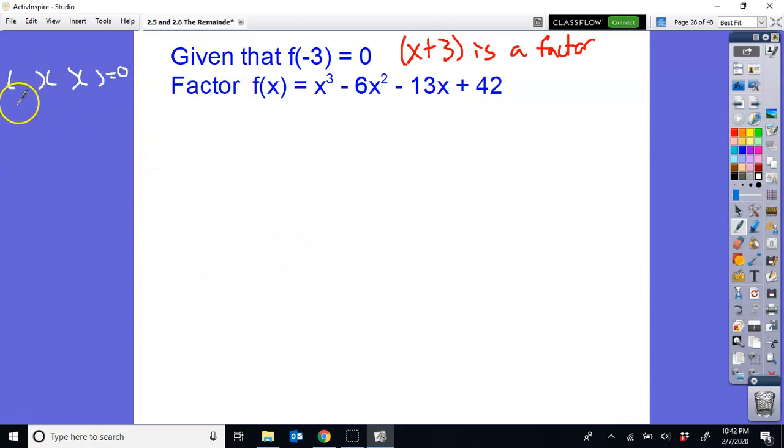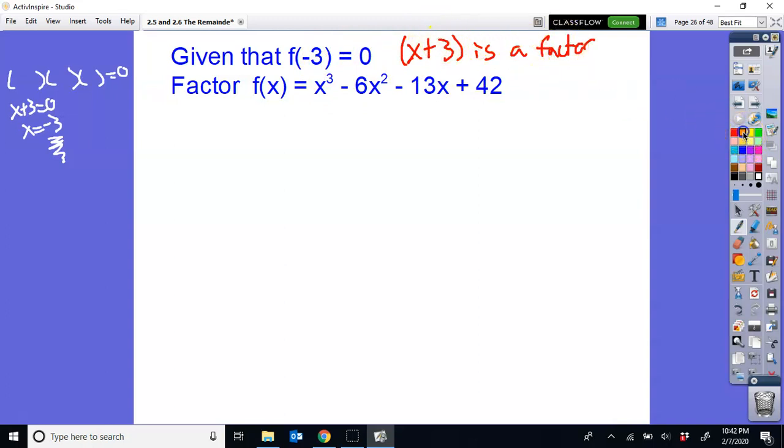The reason that we know x plus 3 is a factor is because if you set x plus 3 equal to 0 and solve, negative 3 is the thing that makes it equal 0. So that's how we know. Now that's what the remainder theorem and factor theorem say together, basically. So if you know negative 3 makes it equal 0, you know x plus 3 is a factor.